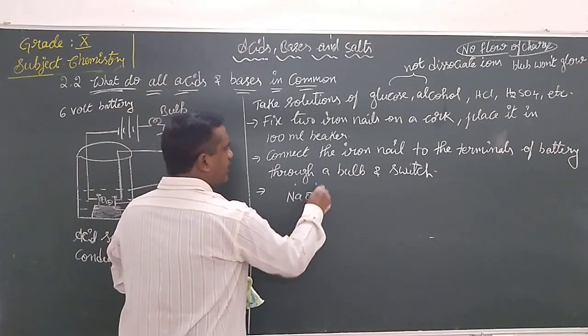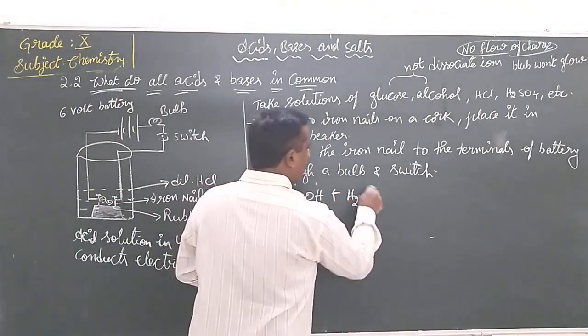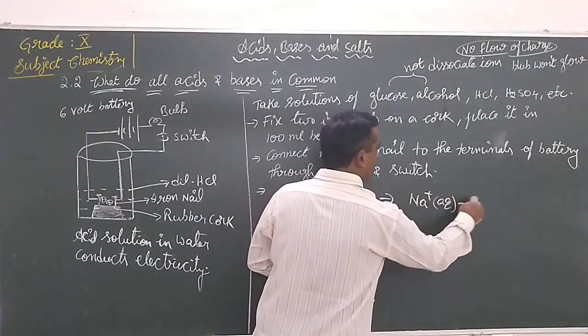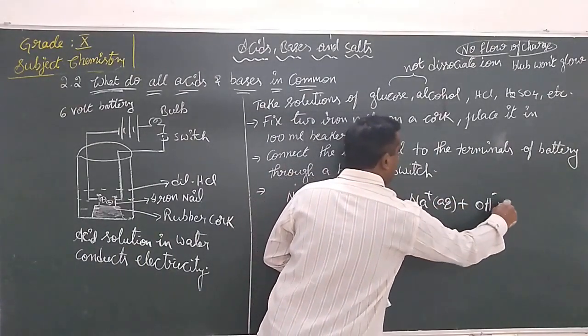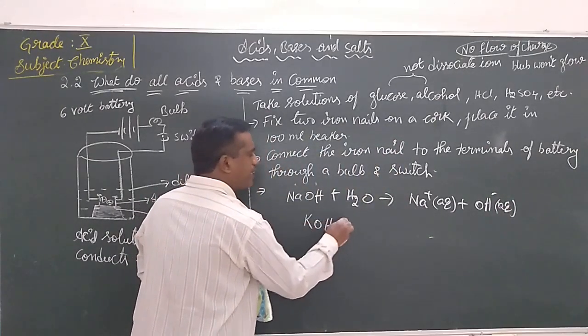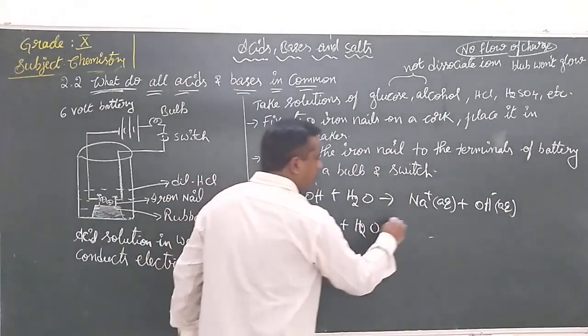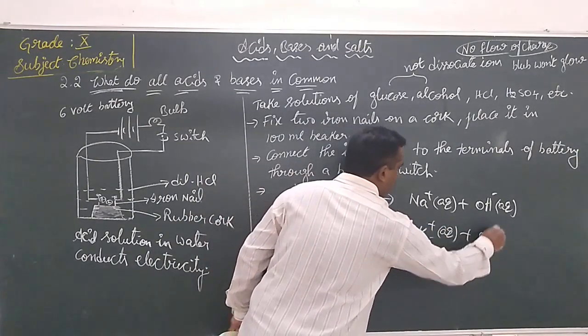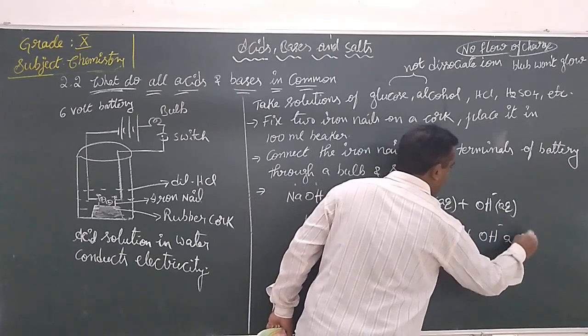When NaOH is dissolved in water, what will it produce? Na plus ions and OH minus ions. If we dissolve KOH in water, what will it produce? K plus ions and OH minus ions.